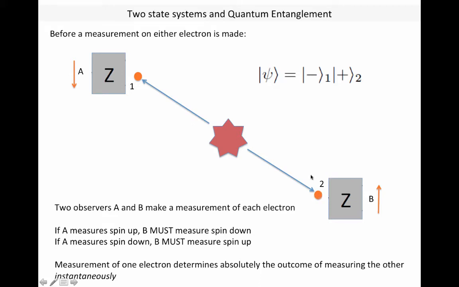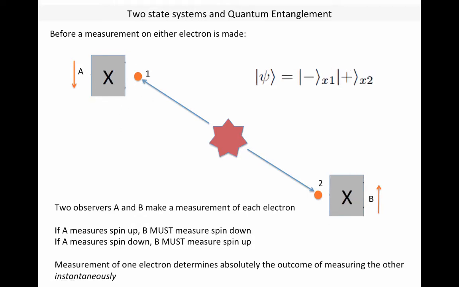And the tricky thing is that beforehand, electron 2 could have been spin up or spin down. So in other words, it seems that quantum mechanics is saying that when you measure the spin of electron 1, you influence the state of electron 2. You immediately and instantaneously change its state from a superposition of two possibilities to either spin up or spin down, depending on what you've measured electron 1 to be.